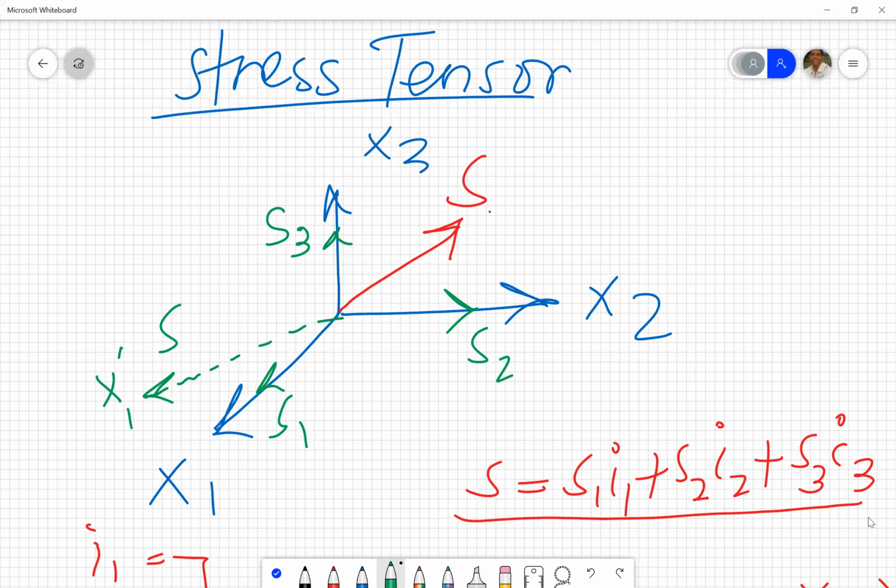So I have to make some corrections here. Let's go to the previous equation.